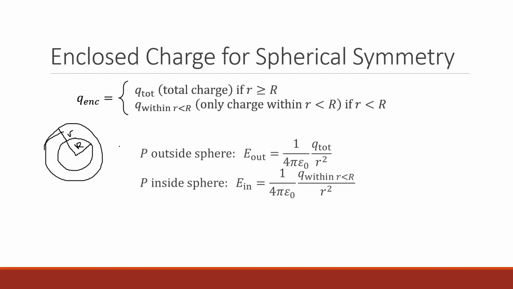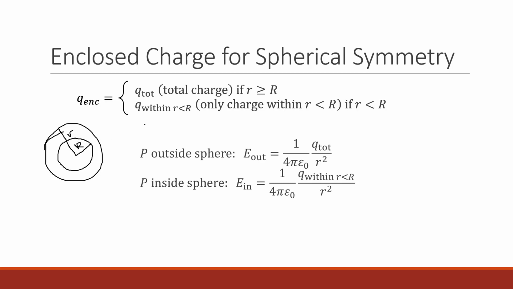So lowercase r is going to be of your Gaussian surface, and capital R is going to be of the physical surface that we're looking at, so our charge or something, okay? So what we're integrating over, okay? So we have Q total if we are looking at our entire system, okay?